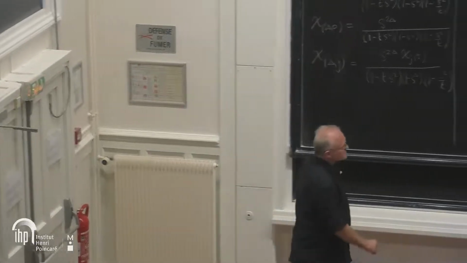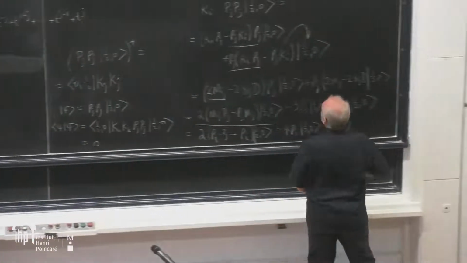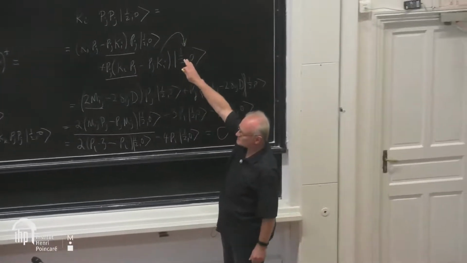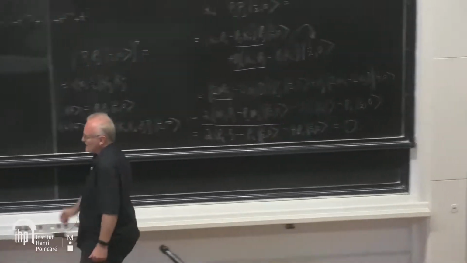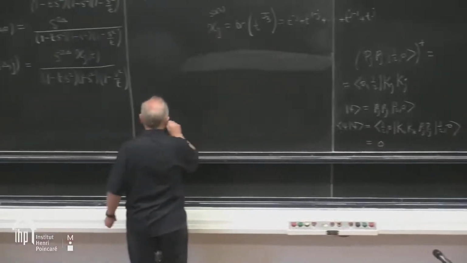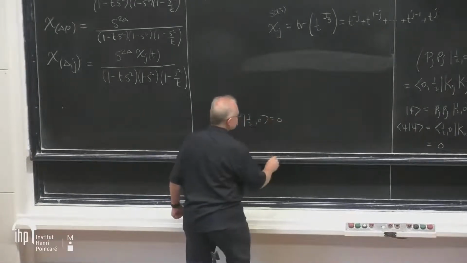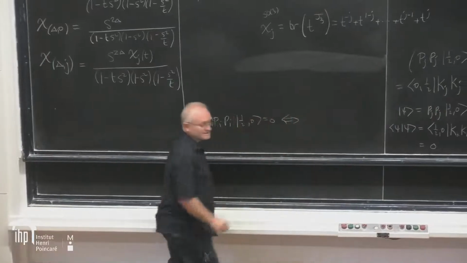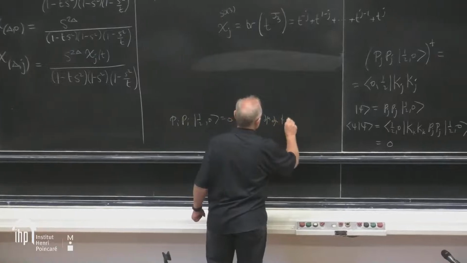So the existence of this null state is actually not surprising. What are we learning? We're learning that P_i |1/2, 0> is a null state. So how can we understand this null state? Well, the statement P_i |1/2, 0> is equal to 0, this is the statement box phi is equal to 0.